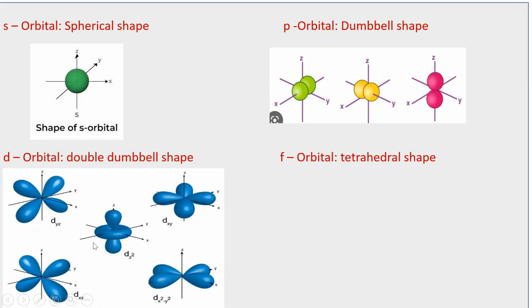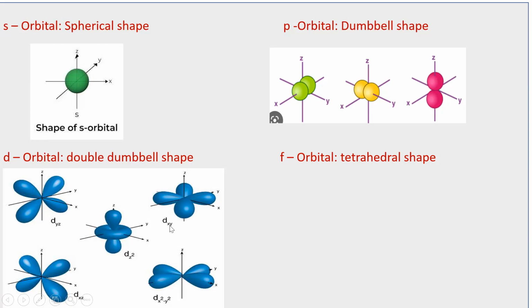There are five d orbitals. We will see why there are five orbitals as we go along. Here you can see the five, and these are quite complicated compared to the p orbital. Here we have d subscript yz, which means that this orbital is present in the yz plane.